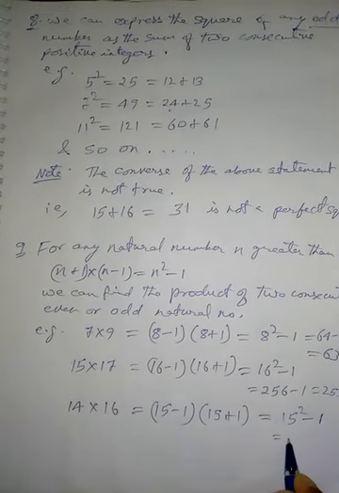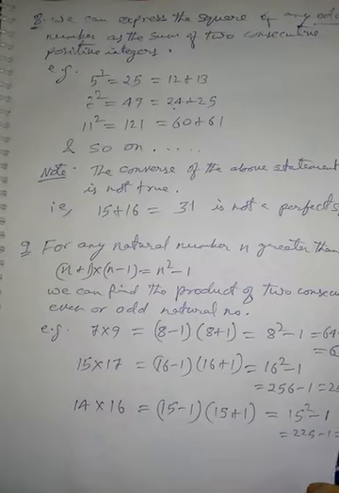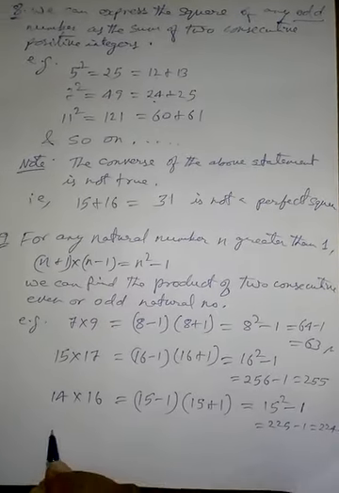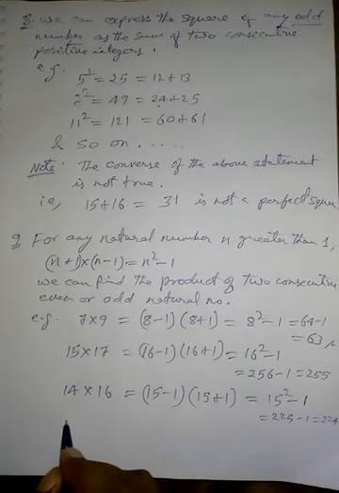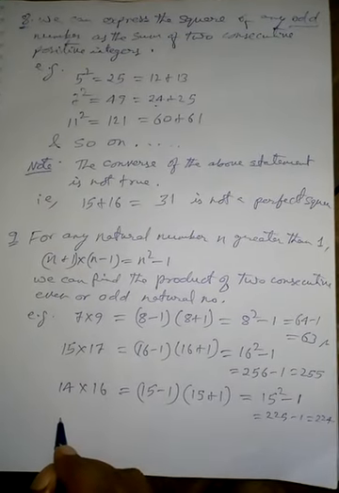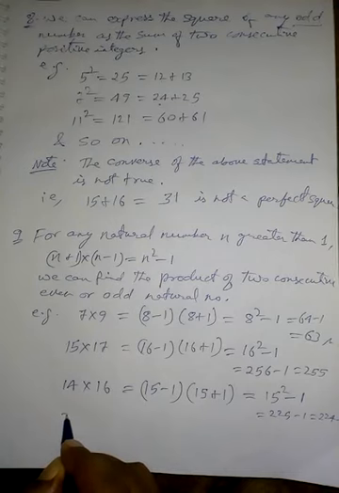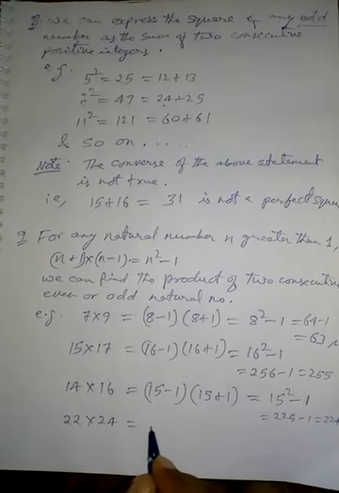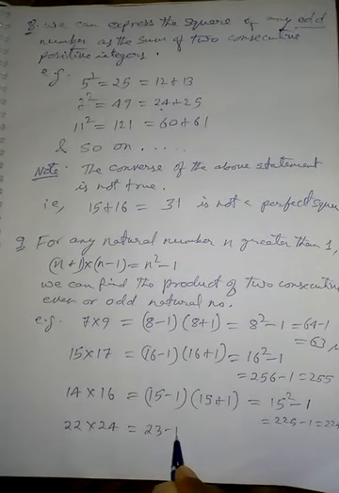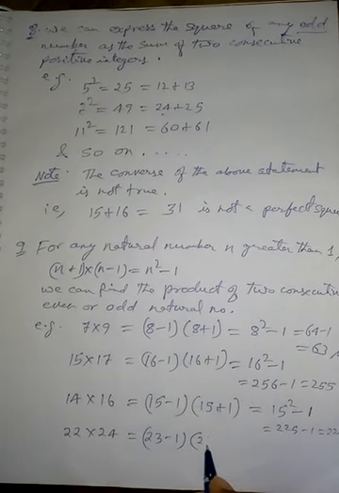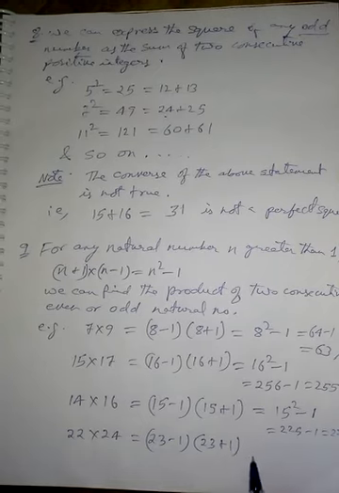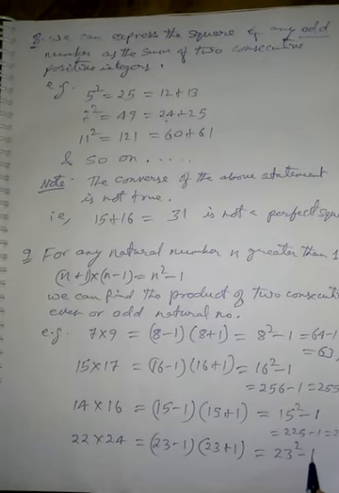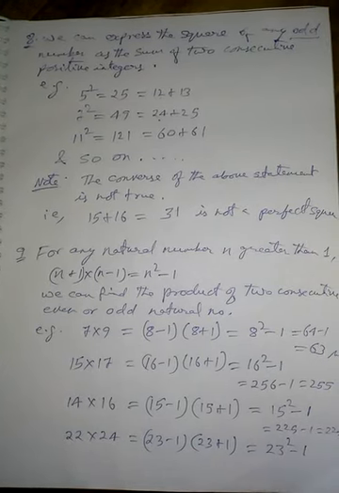That is 225 minus 1, which is 224. Like this way, we can find easily. Let's see one more pair of consecutive even numbers. Let it be 22 into 24. 22 can be written as 23 minus 1 and 24 as 23 plus 1. So we get 23 square minus 1, and this is the answer.